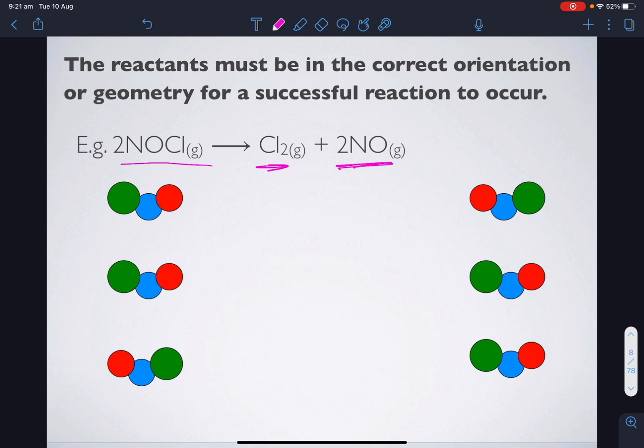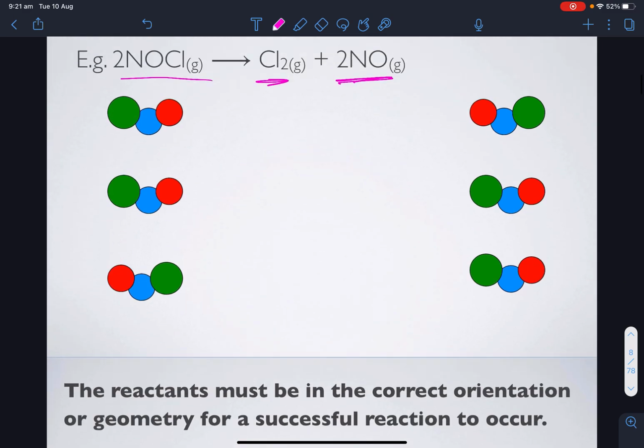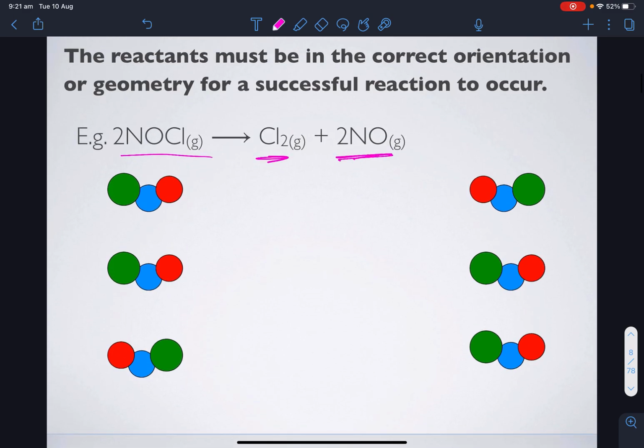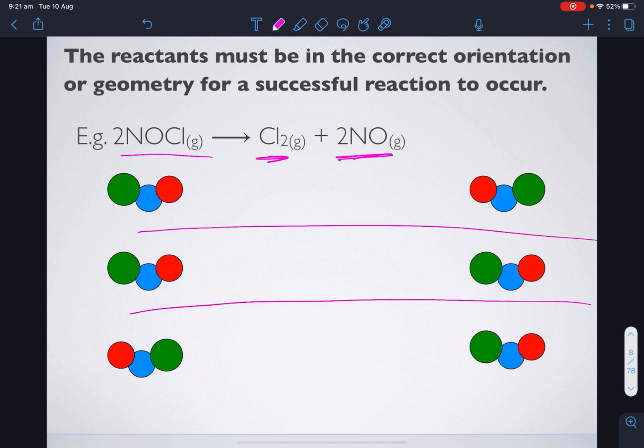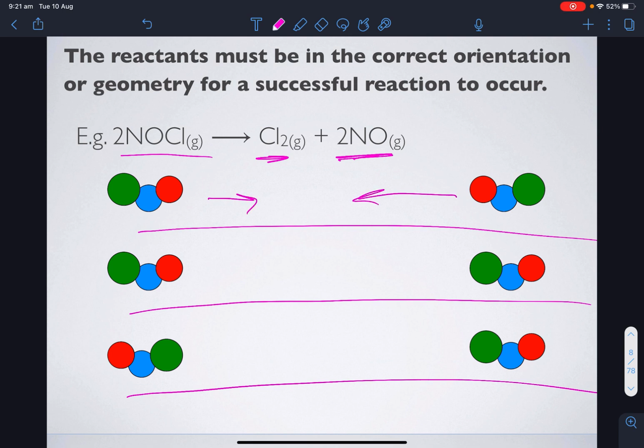Here I've got an animation. It doesn't work too well in PDF, but look, I've got three conditions. Here these two are coming together red to red. What am I using for the red? Probably the oxygen. And the nitrogen would be blue and the chlorine would be green.